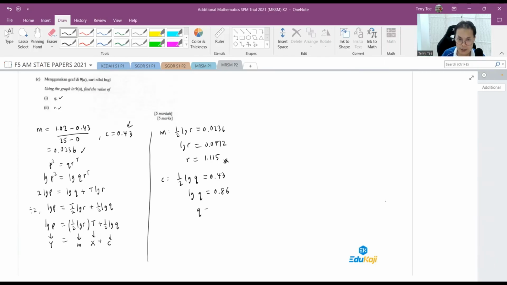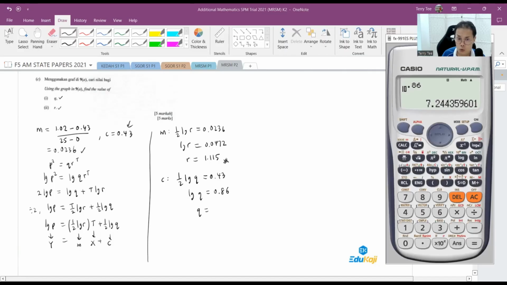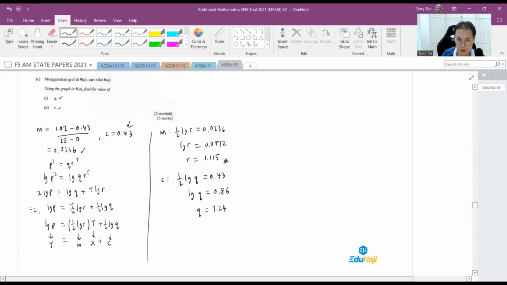Yeah, a slight difference in answer. If your y-intercept is 0.42 or slightly different, you might get a slightly different answer for your q as well. All right, so that's how you find the values q and r from the equation.